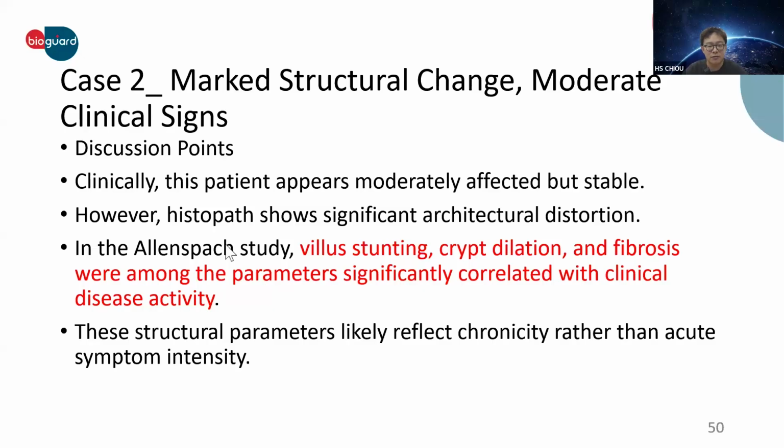In this study, villi stunting, crypt dilation, and fibrosis were among the parameters significantly correlated with clinical disease activity. But remember, these structural parameters often reflect chronicity rather than acute symptom intensity.